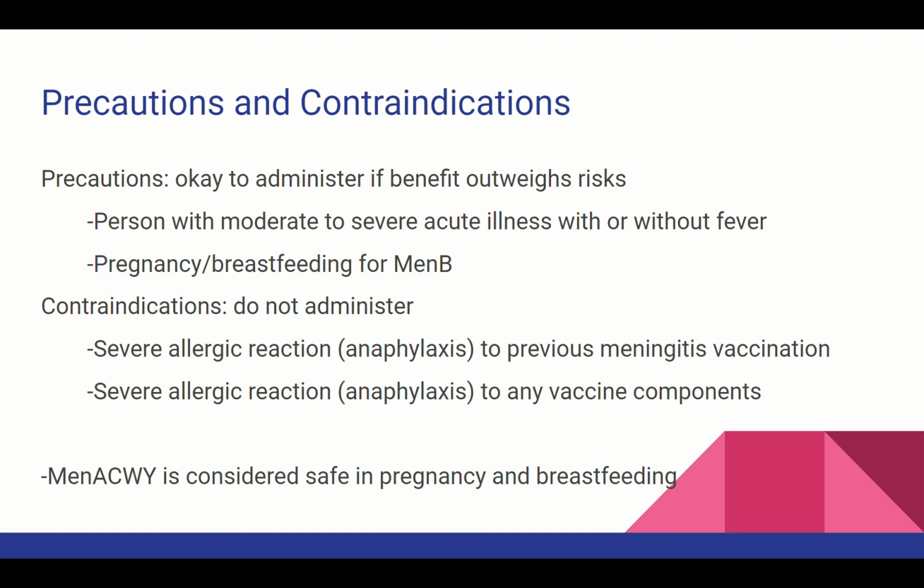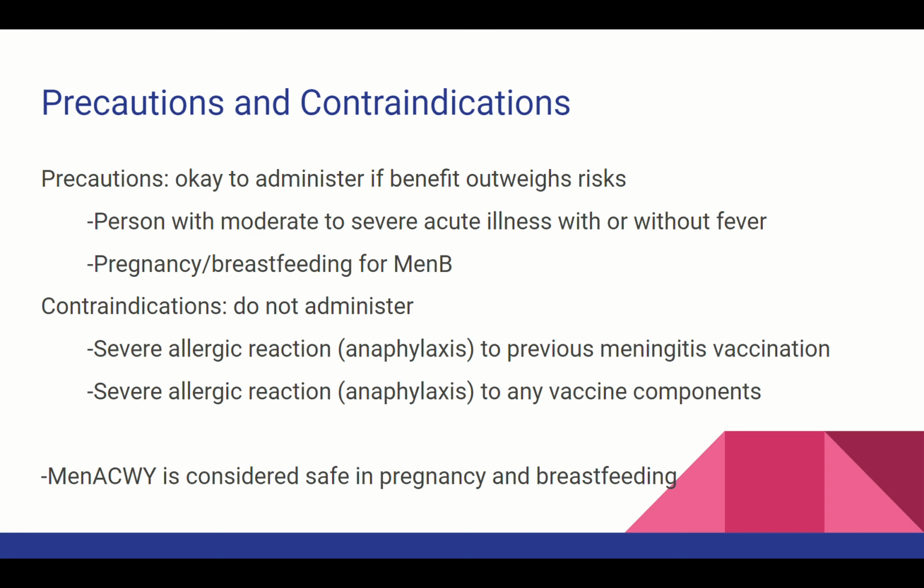Those patient populations might include if someone has a current, acute, moderate to severe illness with or without fever, we might defer vaccination until they are out of acute illness, and someone who is pregnant or breastfeeding, specifically for meningitis B vaccination. It's important to note that meningitis 4-strain ACWY is considered safe in pregnancy and breastfeeding patients.